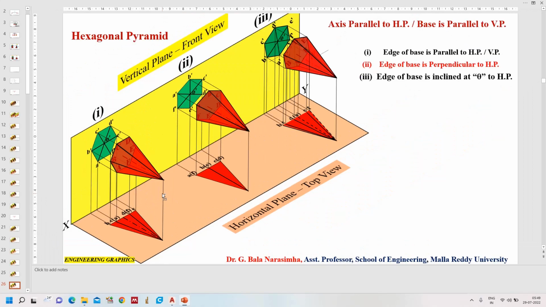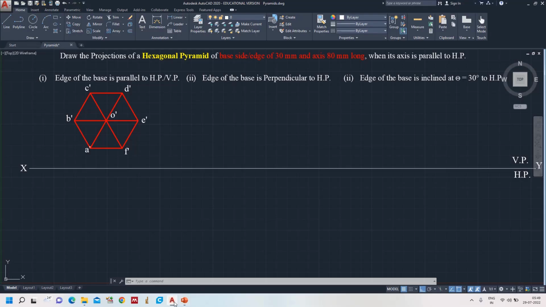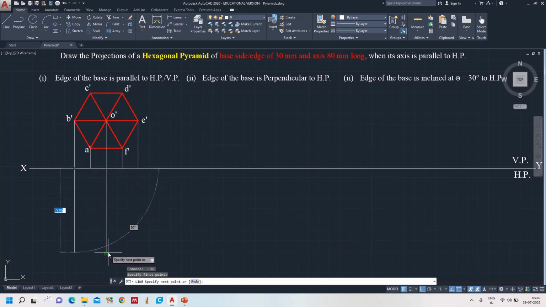Now you can see the same here. To draw the top view, I am erecting the projectors till the reference line. These two are in the same line, that's why I did it here. Now the axis height is 80. Connect all of these to the apex point.